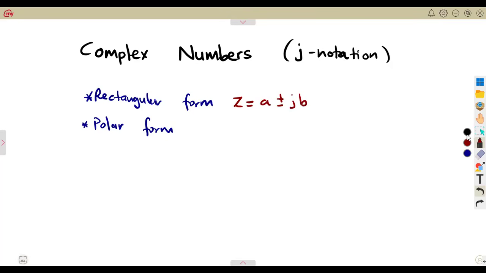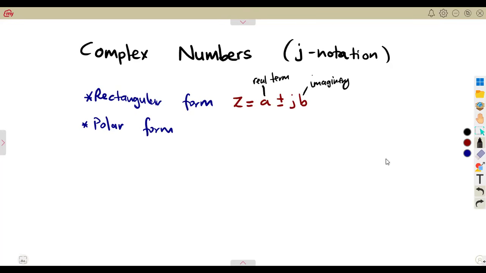This is the rectangular format where A represents the real term, that is the real number, and B is the imaginary term. What is important is that the real term does not have this J. The J is affecting the imaginary term or the imaginary number.